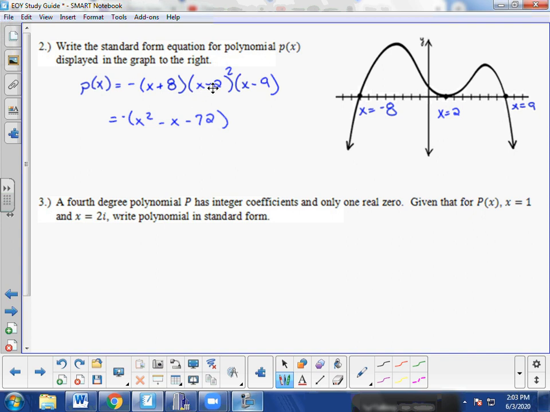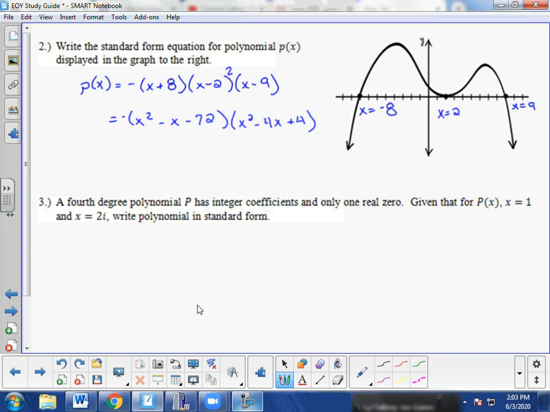I'm also going to do the distribution here with x minus 2 quantity squared. This is squaring a binomial, so that would give me x squared minus 4x plus 4, based on our rules for multiplying binomials. Now I have to distribute these two polynomials to one another.